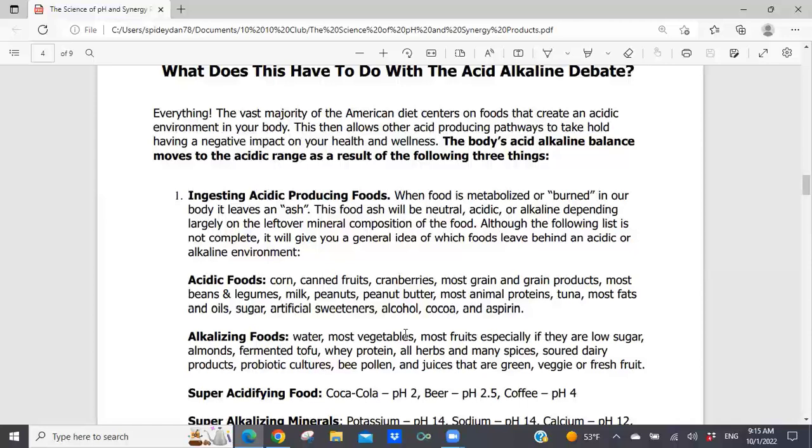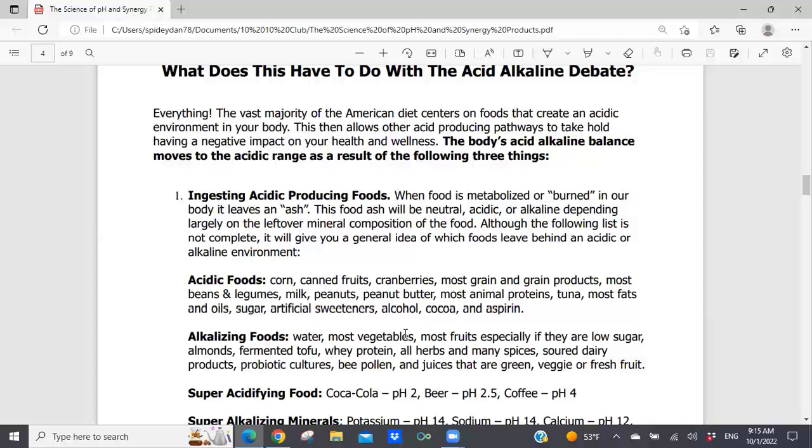So here are acidic foods: corn, canned fruit, cranberries, most grain and grain products, most beans and legumes, milk, peanuts, peanut butter, most animal proteins, tuna, most fats and oils, sugar, artificial sweeteners, alcohol, and aspirin.